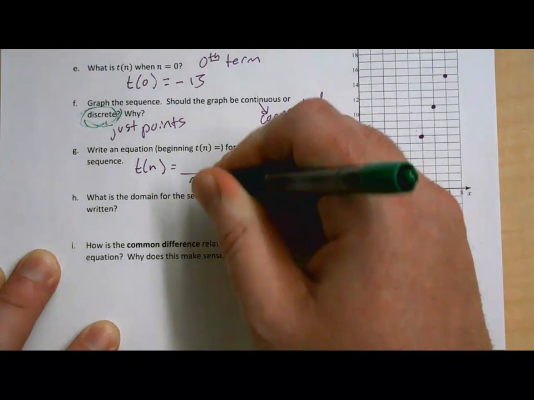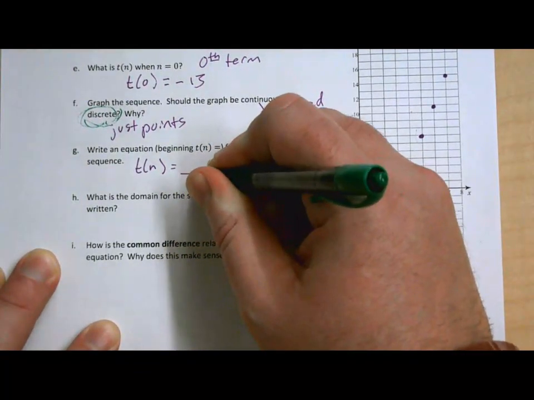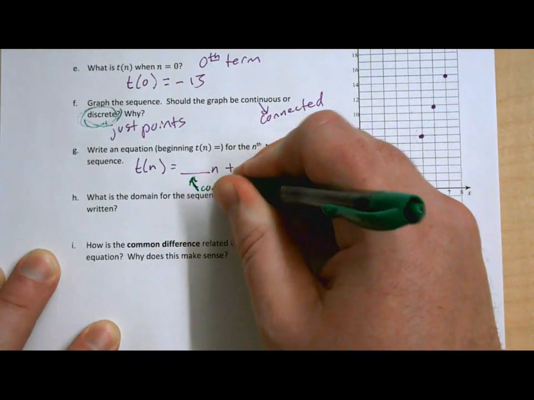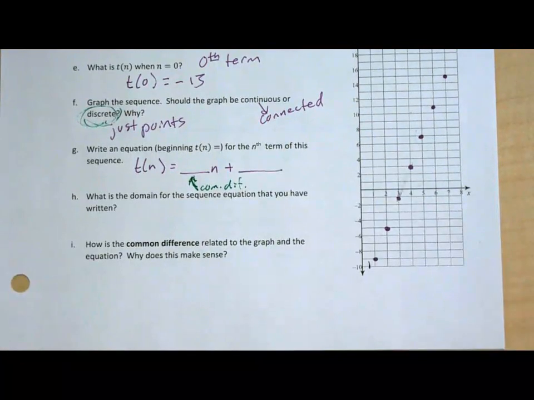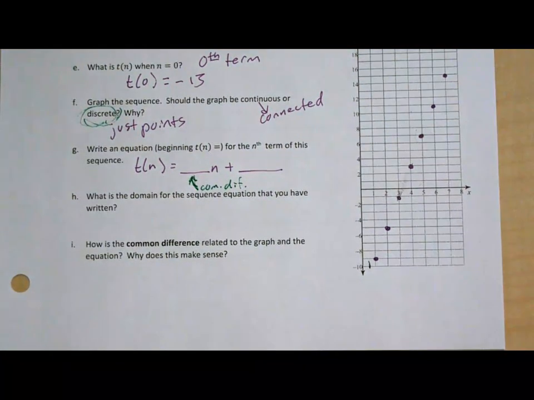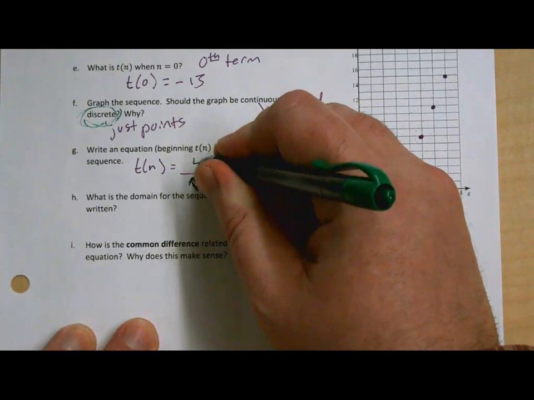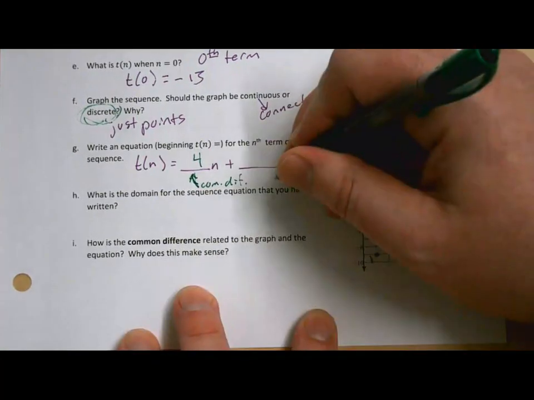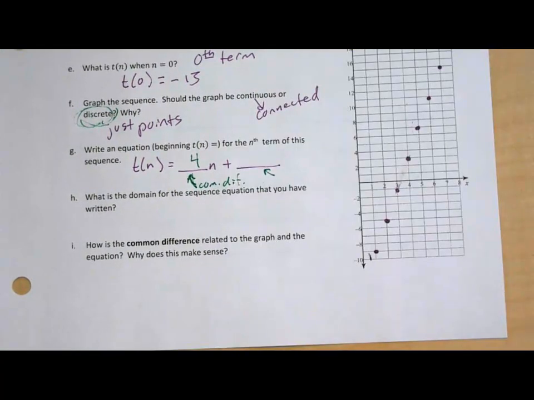This is still going to be our change, which we're now calling our common difference. What is our common difference again for this one? Oh, it was 4. And this is still going to be our initial value, which would be our 0th term.